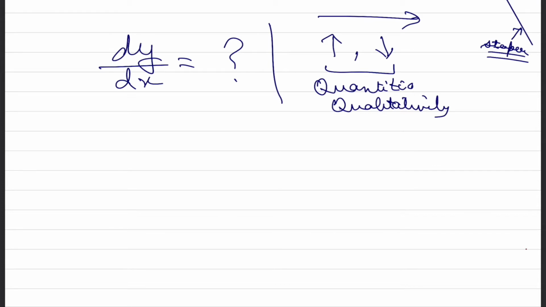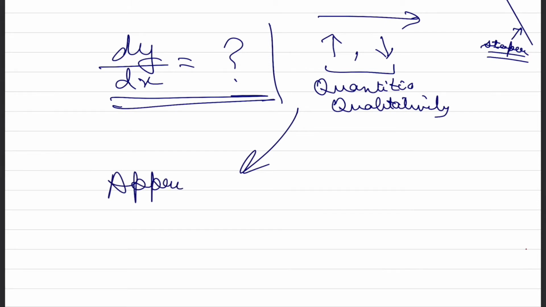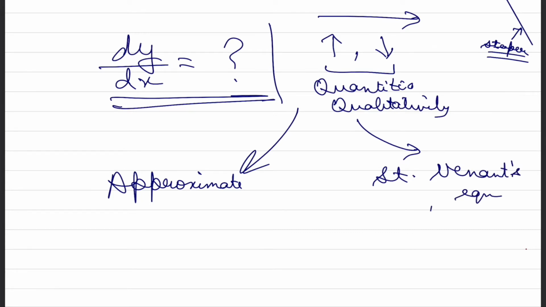To understand all these things, there are two methods. One is an approximate way, which we are going to adopt in this chapter. Another is the Saint-Venant equations, which are typically used in various hydraulic modeling software.